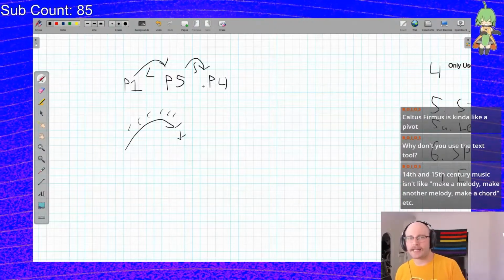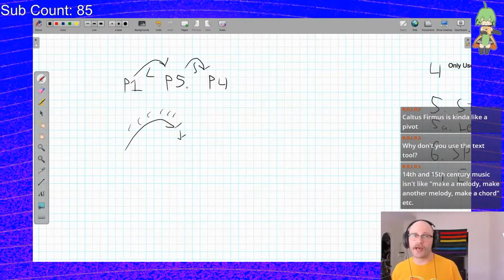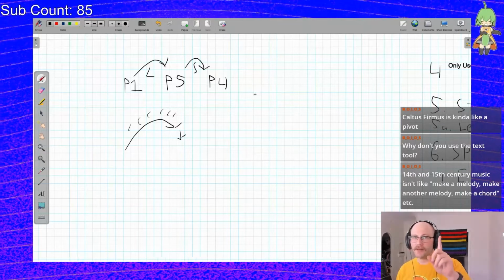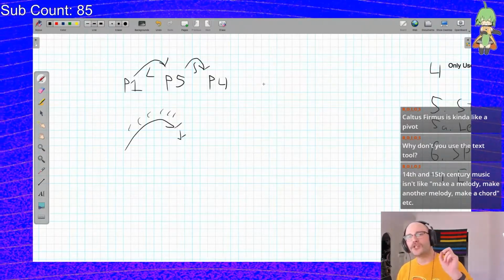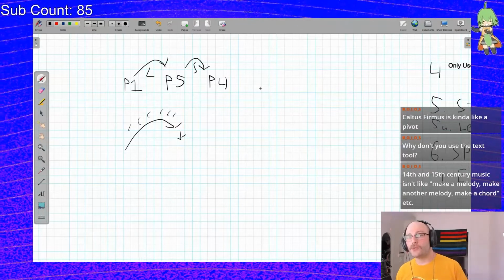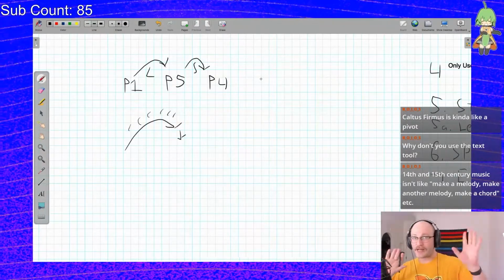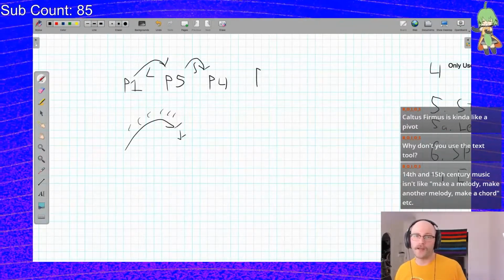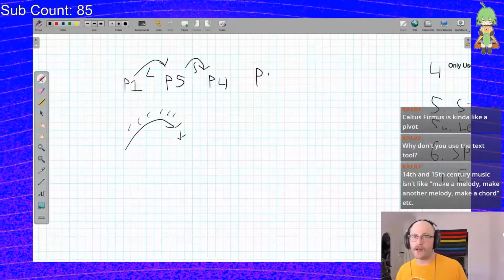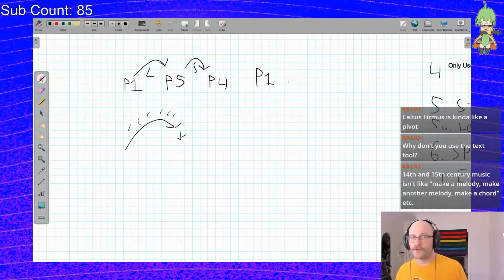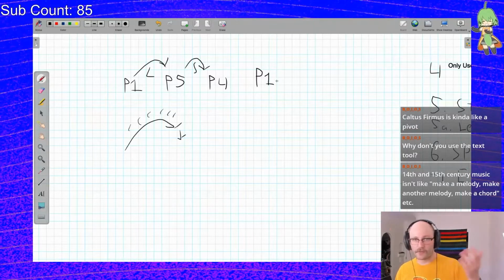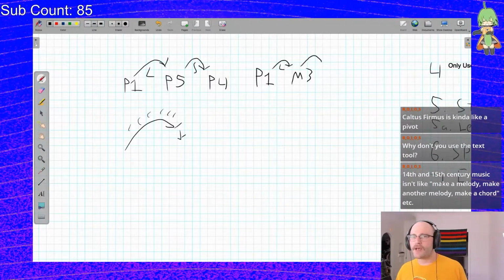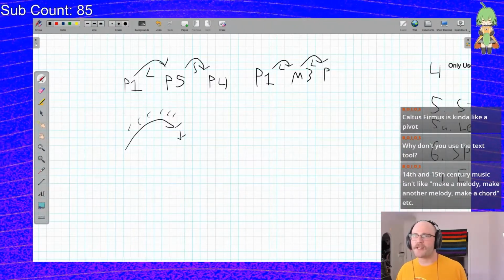If I cannot do that, or I don't want to do that, there's another thing you can do, which is to continue leaping in a very specific way, which is to outline the notes of those chords we're saying don't exist. You need to create an arpeggio. So for example, if my counterpoint starts on the perfect unison or the perfect octave, whatever, if we leap to the major 3rd, we could then do another leap to the perfect 5th.